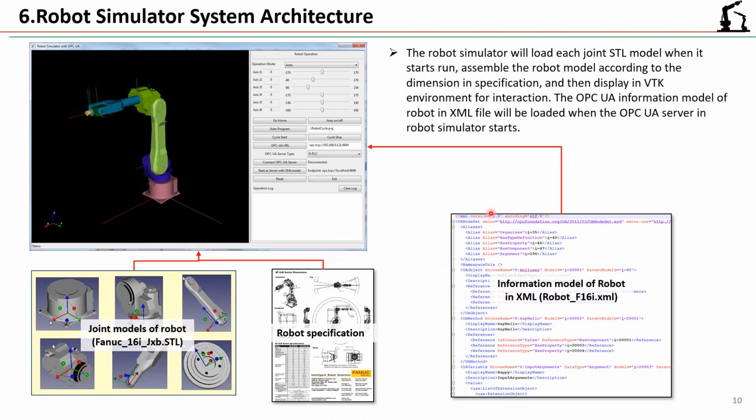After that, the simulator will load the OPC UA information model of the robot in an XML file. It will use the variable and property definitions to construct the robot object, and use that for the later OPC UA communication.